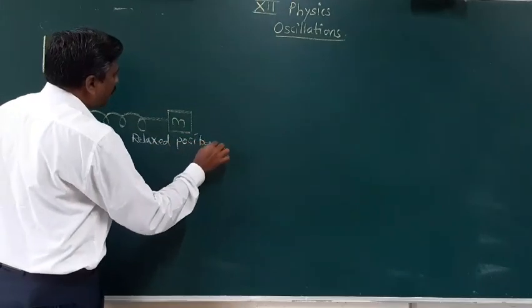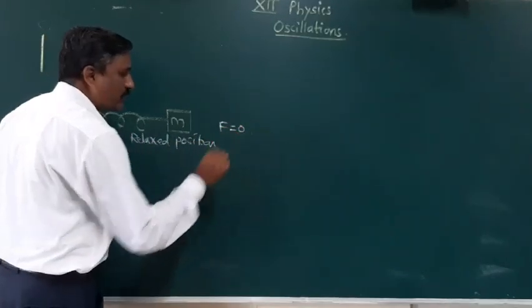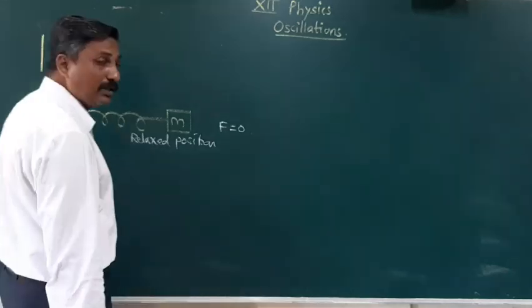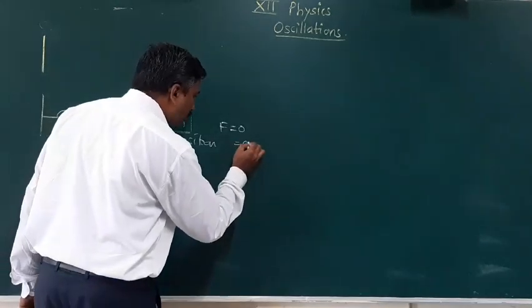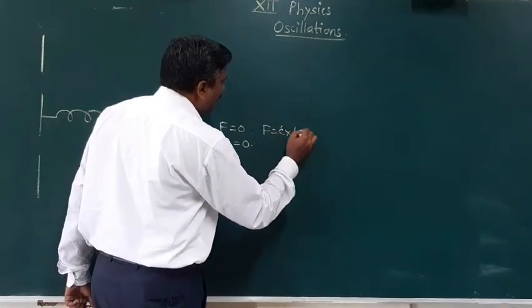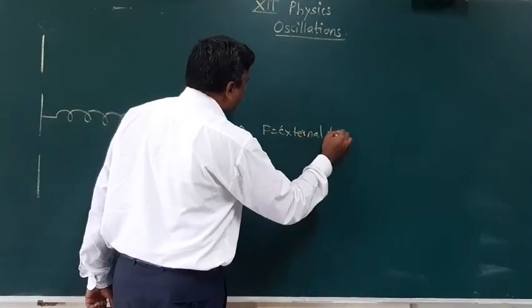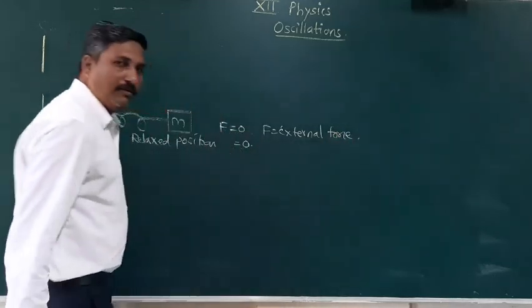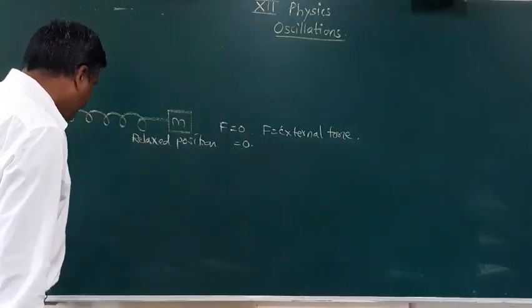Meaning there is no external force on the spring. Here, capital F is my external force, and that force is 0.